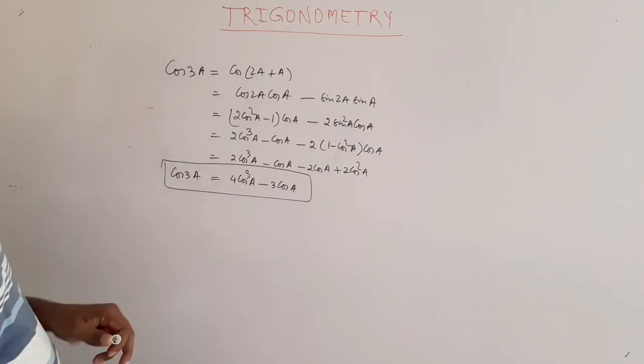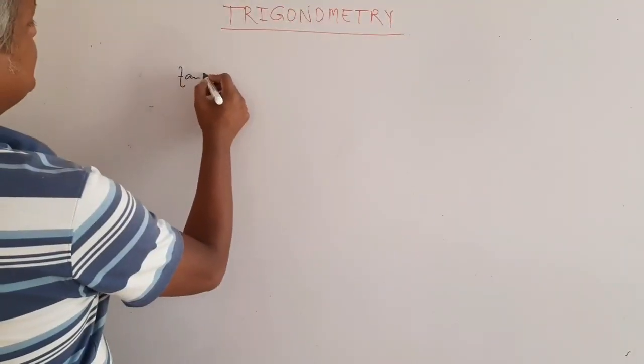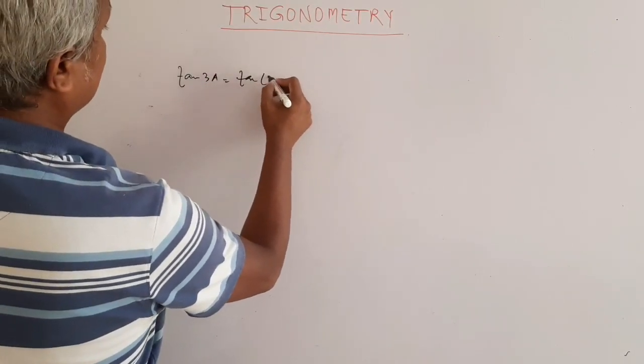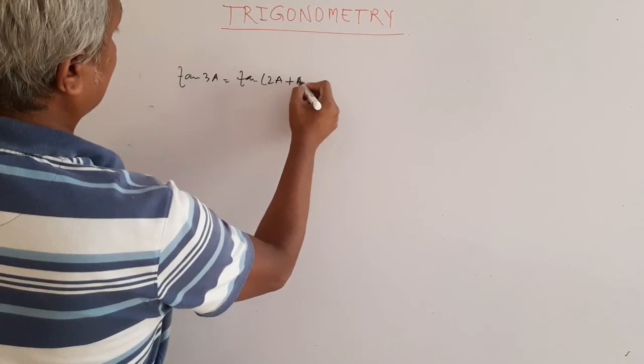Let me clear the screen, and here only I just give you the value of tan 3a. So this is tan 3a, and we know that we can break it as tan of 2a plus a.